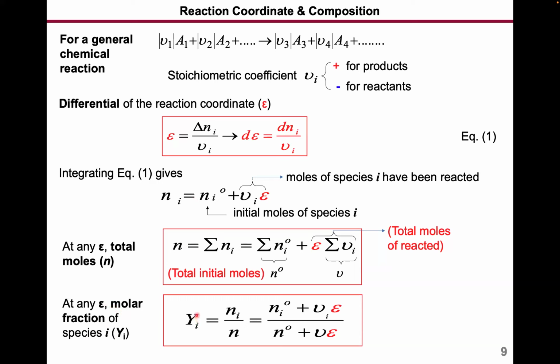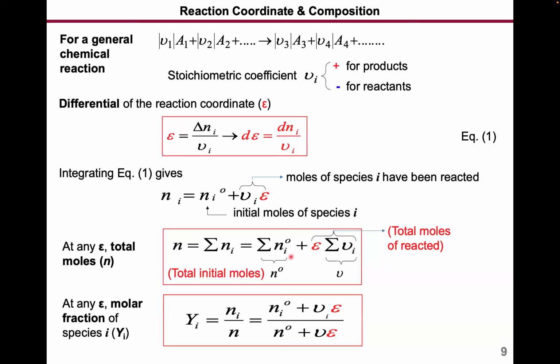So Yi, the molar fraction, if it's a gas state reaction, is just equal to Ni divided by total N. And Ni we already know is Ni0 plus Vi epsilon. Total N is going to be N0 plus V times epsilon, right?